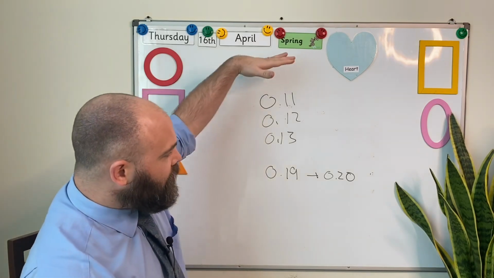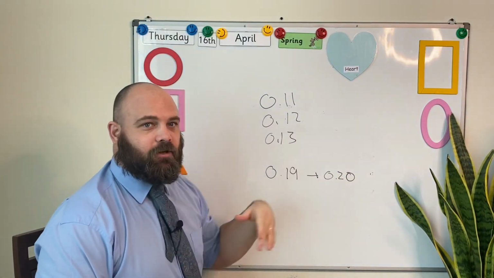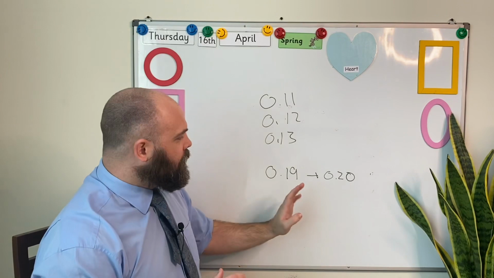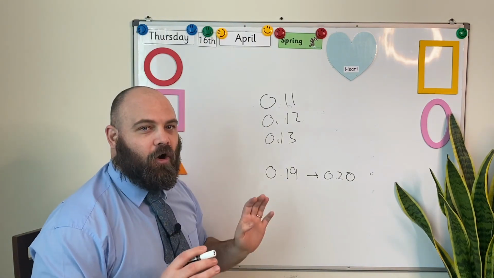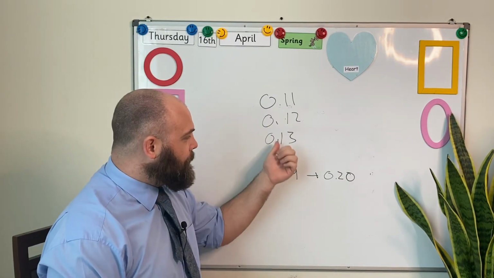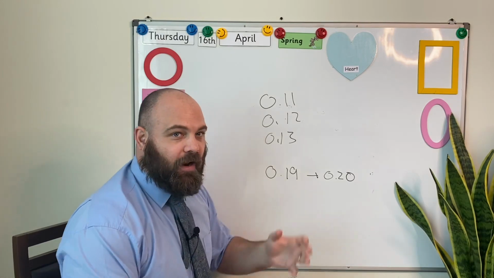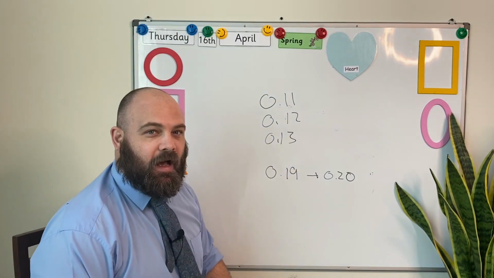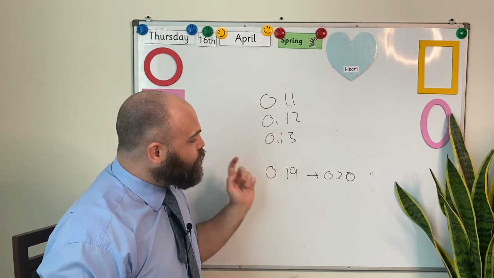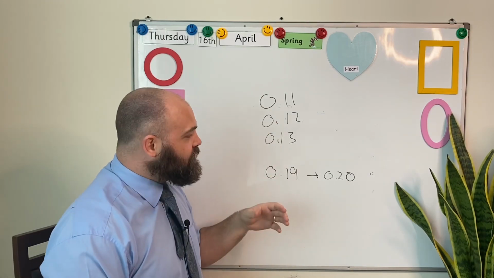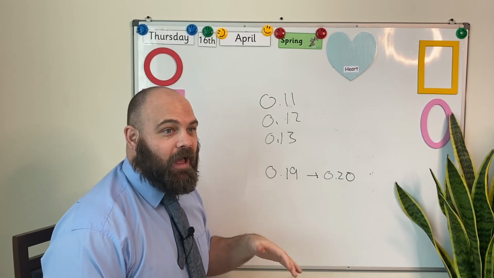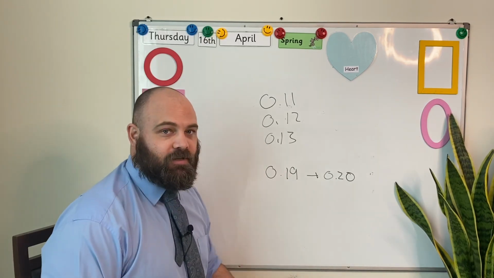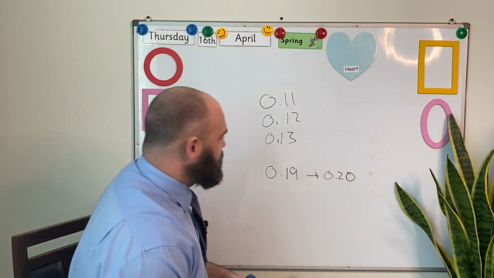So this is quite interesting because it shows us that this decimal point only really tells us that we're starting to deal with fractions of a whole, but the way that we deal with these decimals actually stays largely the same as how we dealt with all of the other numbers before it in our number system.